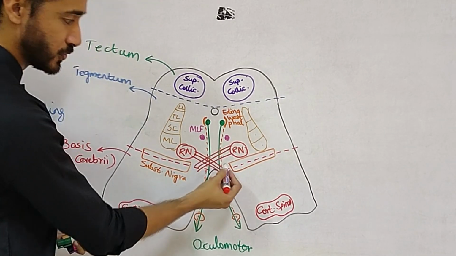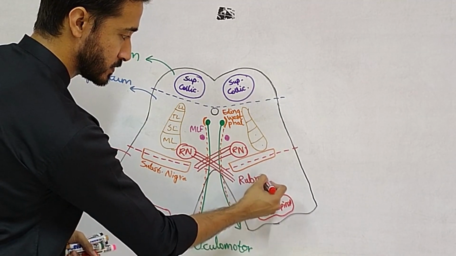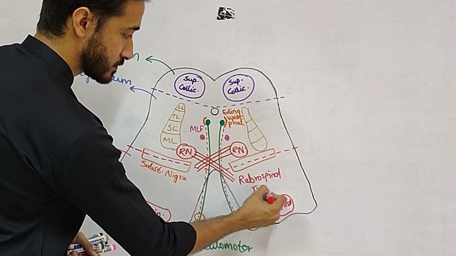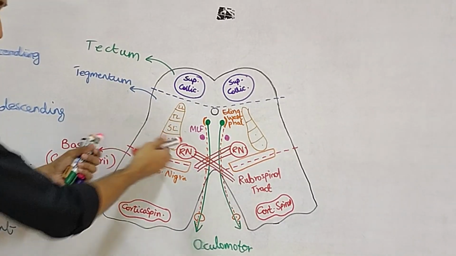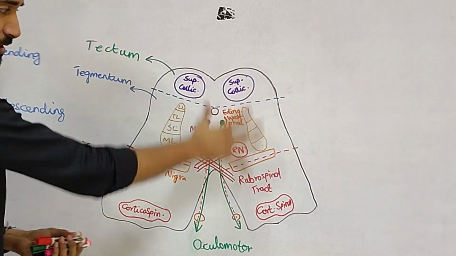So these are your rubrospinal tract. Rubro means red nucleus related. And it crosses at this level when it emerges from the red nucleus. If you want to draw that, you can, because some books show that. So this is the complete picture.